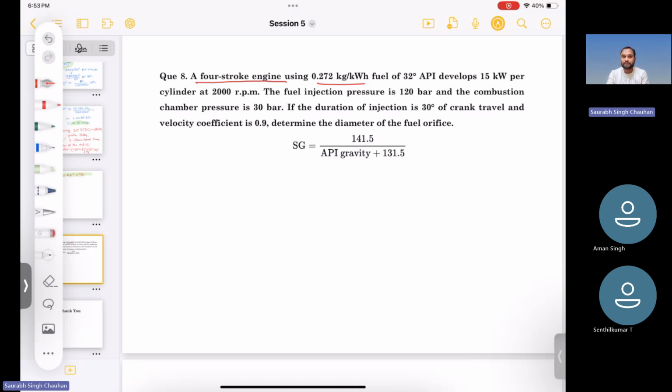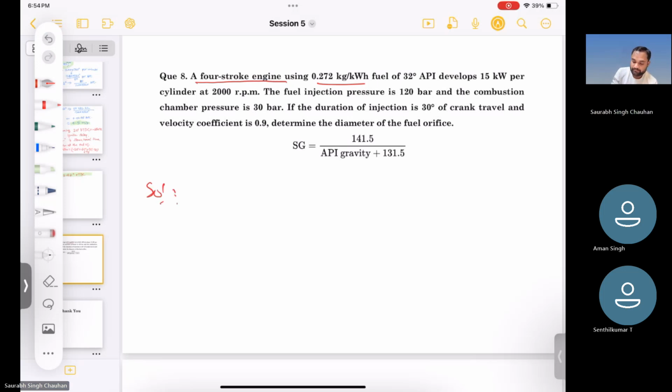Fuel injection pressure is 120 bar, and combustion chamber pressure is 30 bar. The duration of injection is 30 degree of crank travel, and the velocity coefficient is given. We have to find the diameter of the fuel orifice.